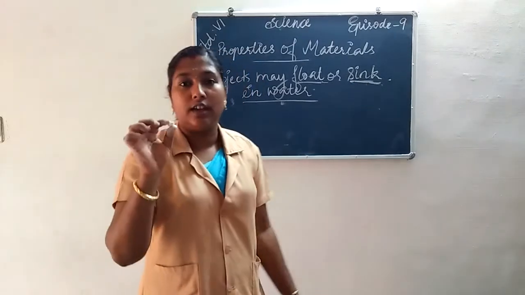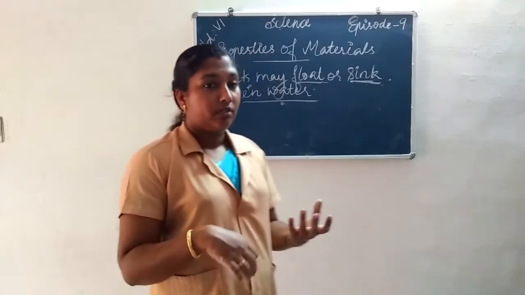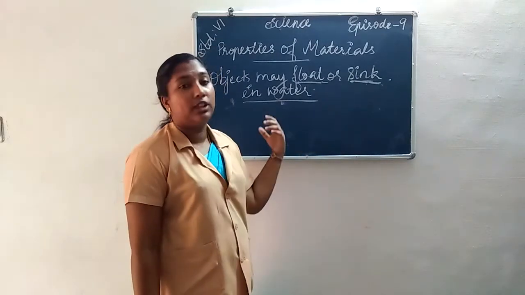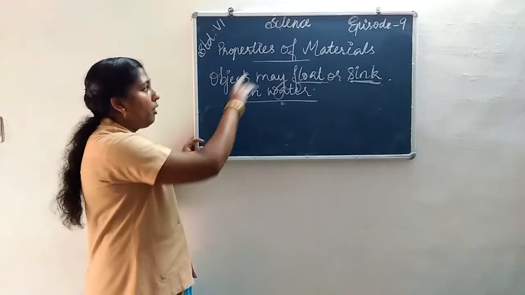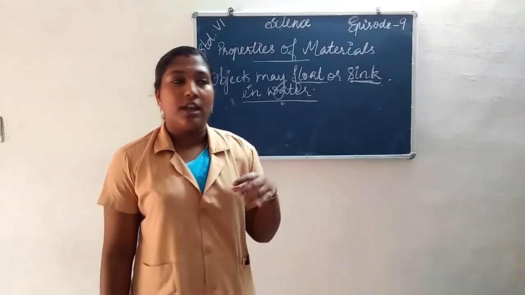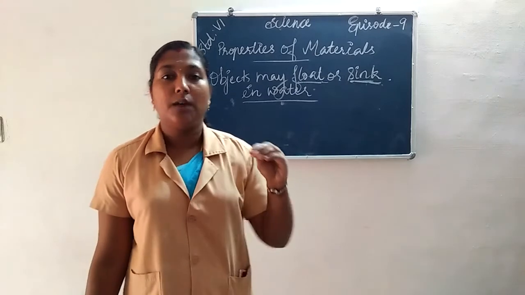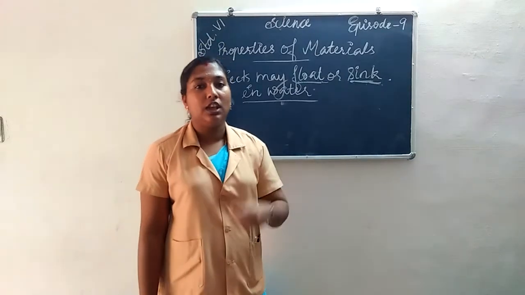If we put a coin into a beaker of water, the coin goes downwards. So the coin sinks into the water. Okay, all of you understood. If we put some metal pieces into the water, the metal pieces sink.